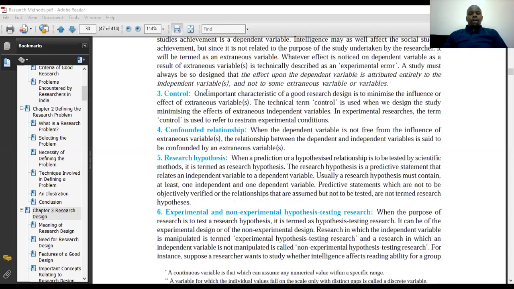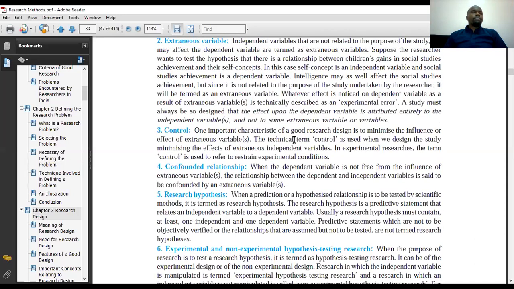Then control. This term is normally used in scientific research. A control measure, or a control, is basically a measure that is used to minimize the influence or effects of extraneous variables. So that's what we have talked about when we are doing research in a scientific lab.